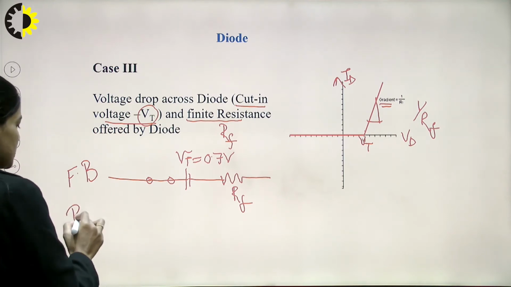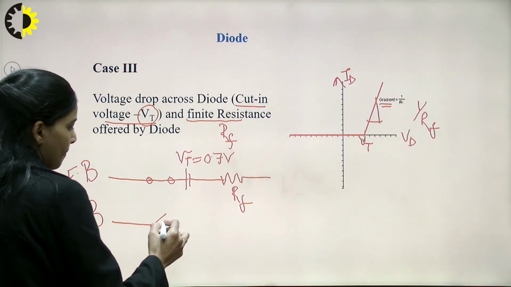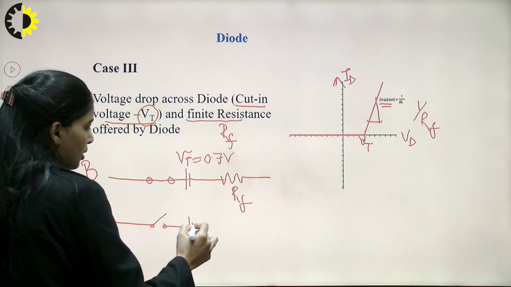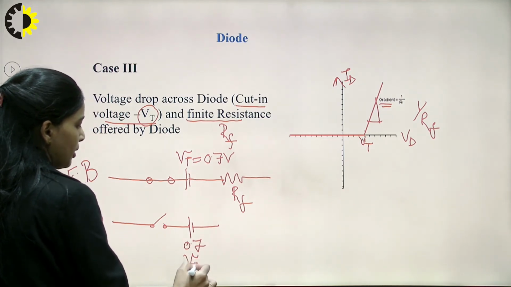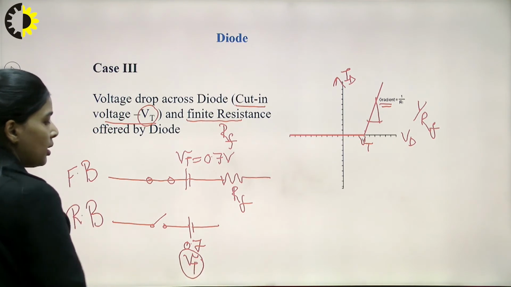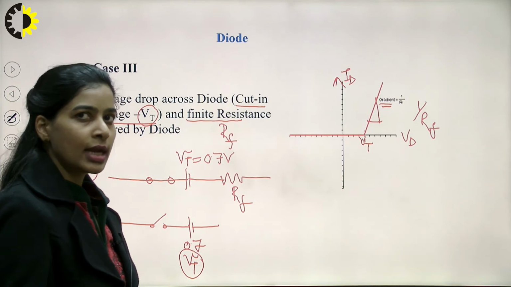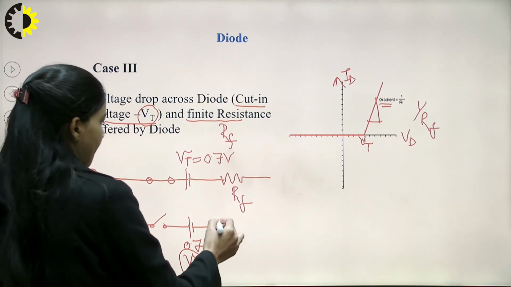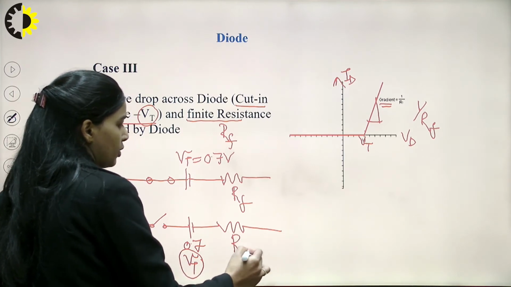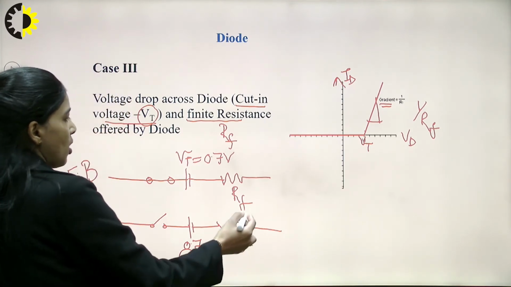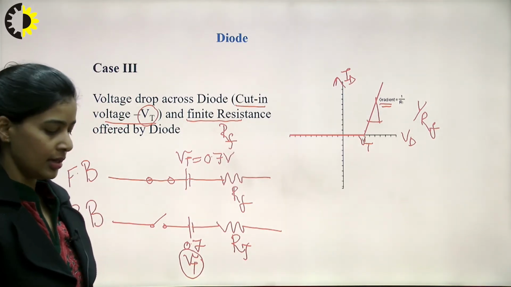And if it is reverse biased, then we can represent it by an open switch and a potential around it, that is Vt of 0.7. This Vt will vary depending upon the semiconductor material used to design that particular diode. So here we have some resistance offered by the diode to the flow of the current.